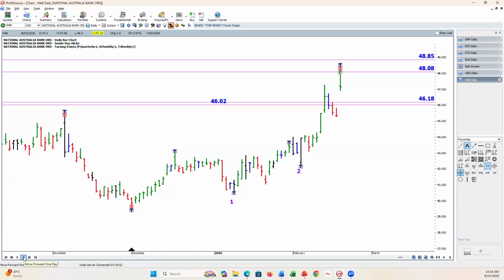And then the market starts gapping up, a good sign of strength there. And at this point here, trade 2 has hit its target, okay, at 49.02.